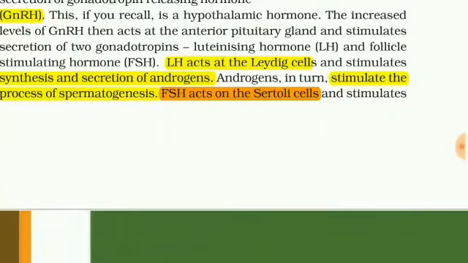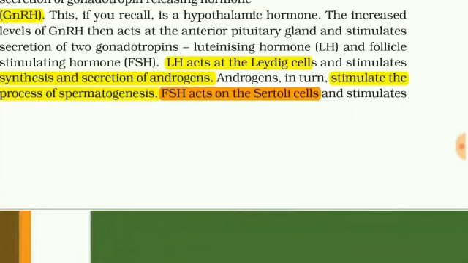Next we deal with all the hormones involved in the formation of gametes. Normally, in 11th standard you studied various types of hormones, like the hypothalamus producing GnRH, gonadotrophin releasing hormone.